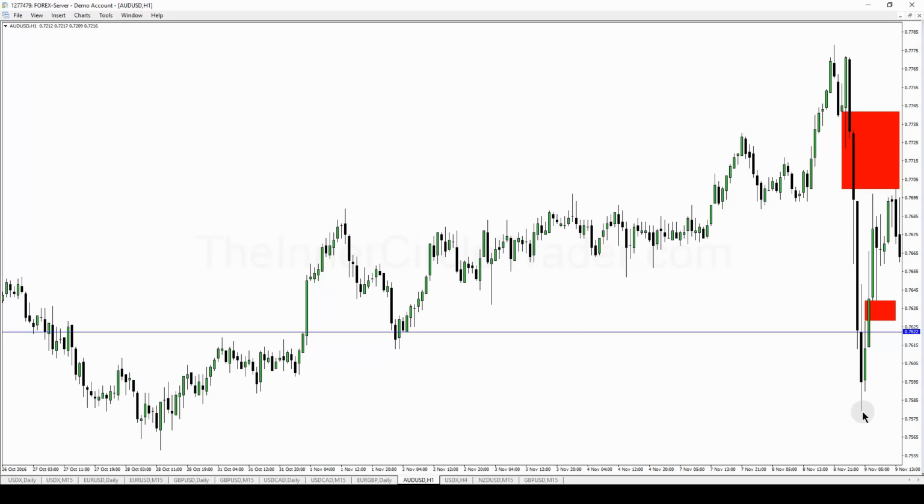Institutionally, what we would be thinking is price definitely has buy stops above here. So traders that are already short back here, we want them to drop their protective buy stops down here. So we're going to wait for price to drop lower, close in this fair value gap, and potentially hit this order block level down here.